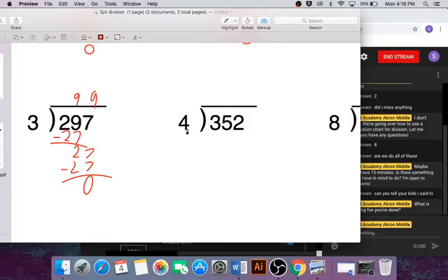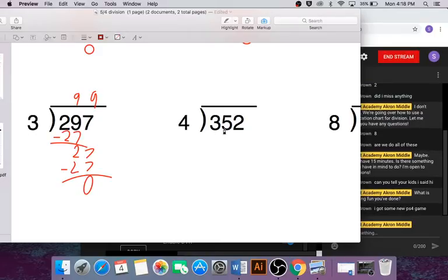Okay, now we're going to figure out how many times 4 goes into 352. So 4 can't go into 3, so we move over. So we have to figure out how many times 4 goes into 35.